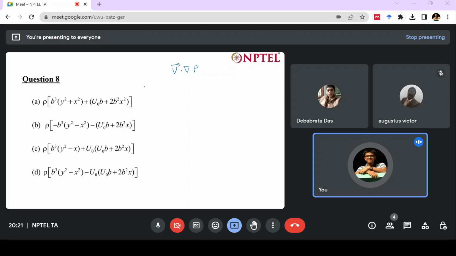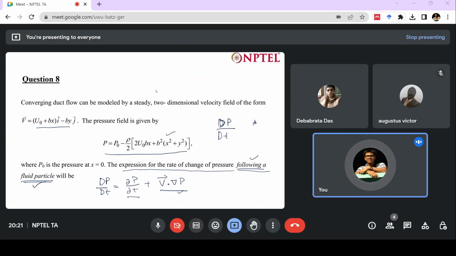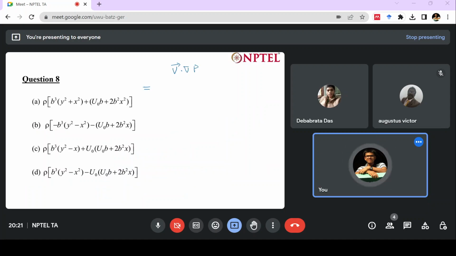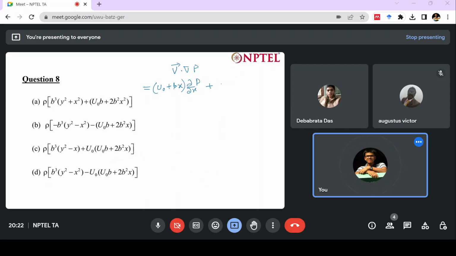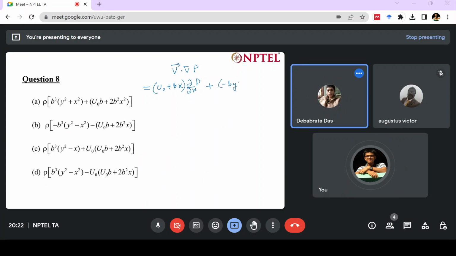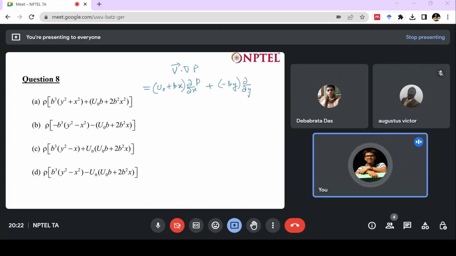If I expand this, it is two dimensional, so there is no z direction here. So I will have u0 plus bx, into del x of p, plus v, which is minus by, into del y of p.